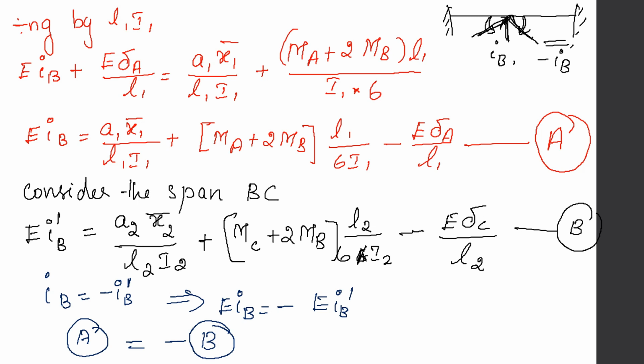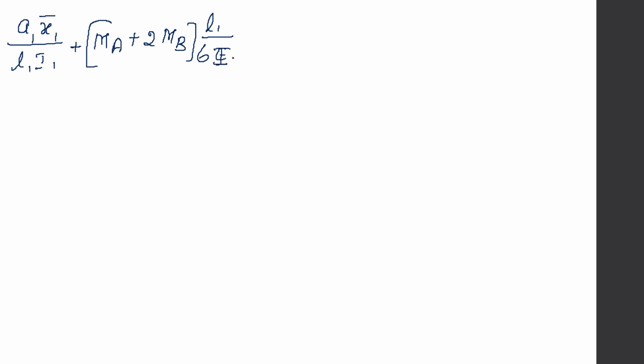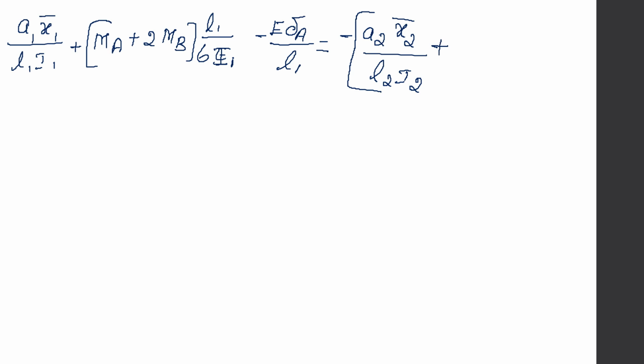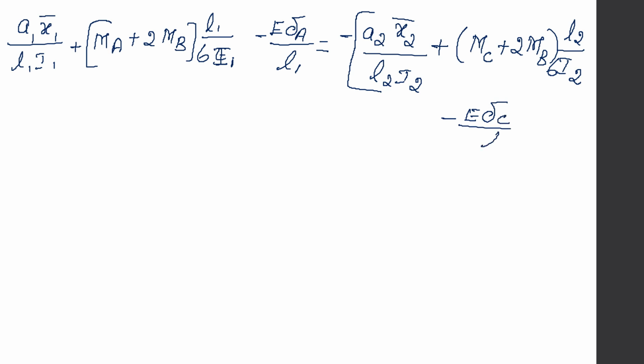So from this we can write A1 x1 bar by L1 I1 plus MA plus 2MB into L1 by 6I1 minus E into delta A by L1 is equal to minus, A2 x2 bar by L2 I2 plus MC plus 2MB into L2 by 6 I2 minus E into delta C by L2.